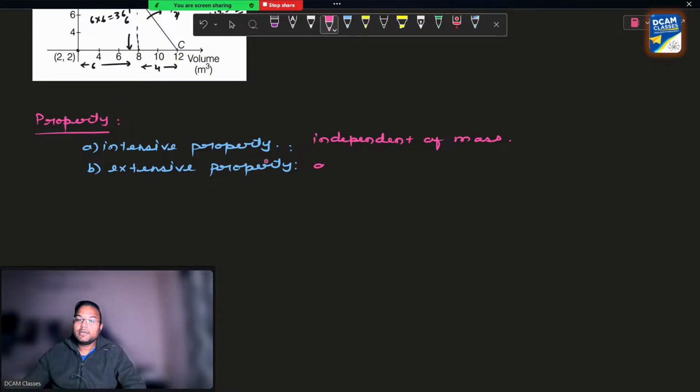These are the properties which are dependent on mass. Simple. I'll give you the example.